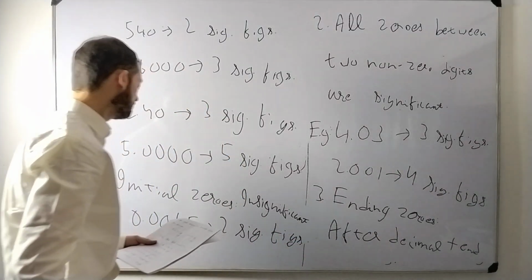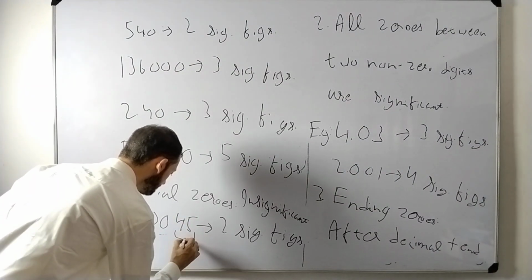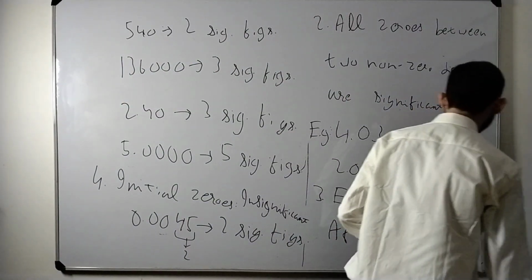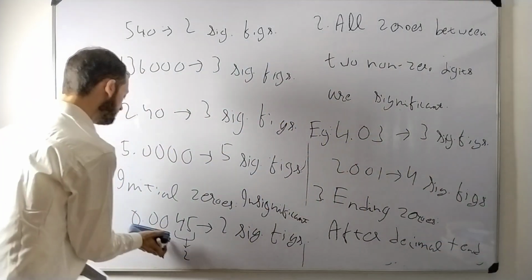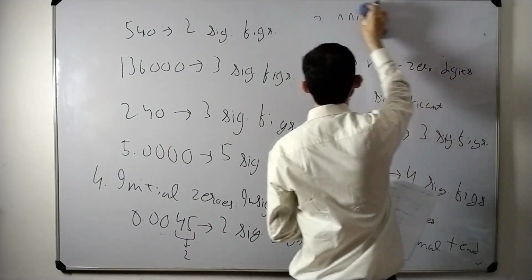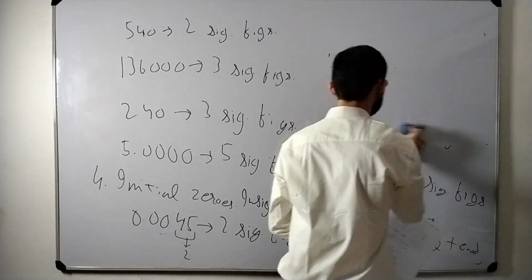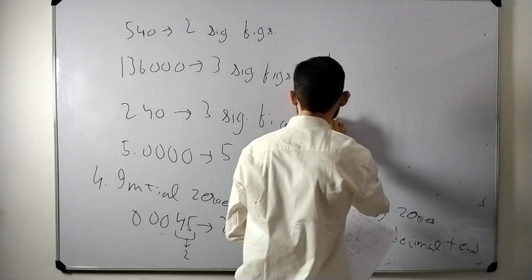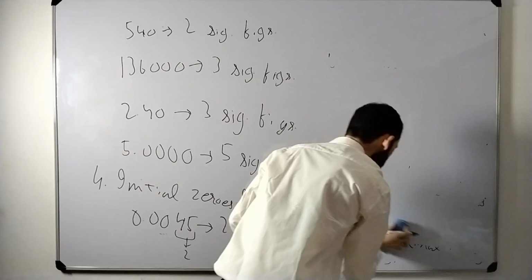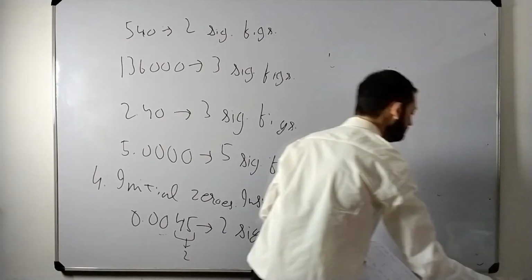Sir, 2 according to the definition. And what are they, students? 4, 5. Yes, these 2. So you don't count zeros here. Let me explain why.